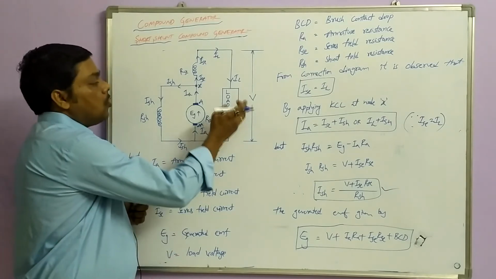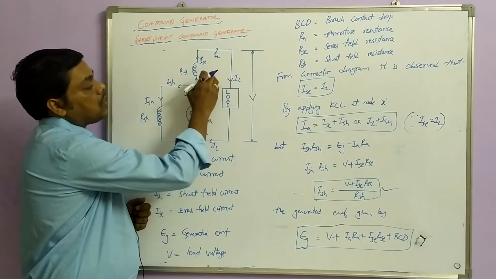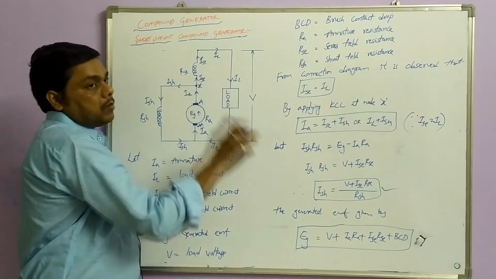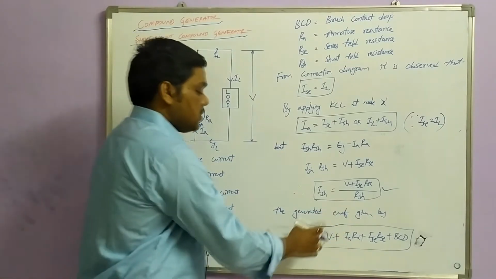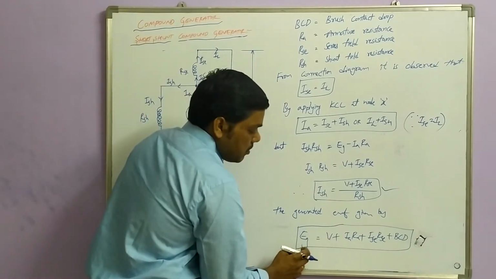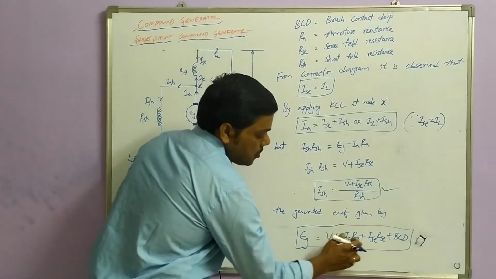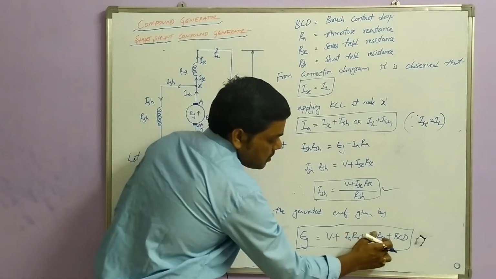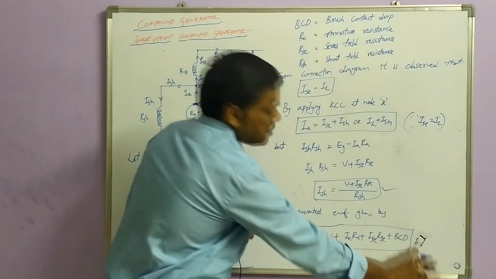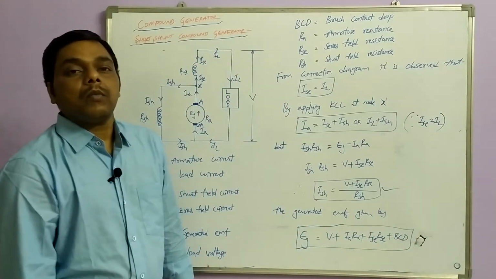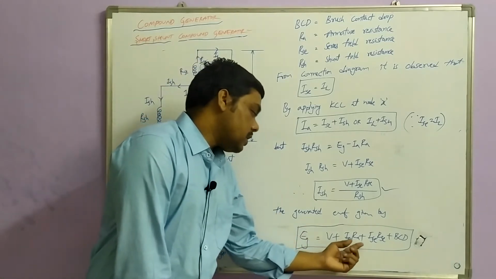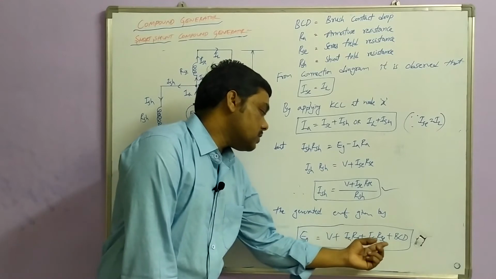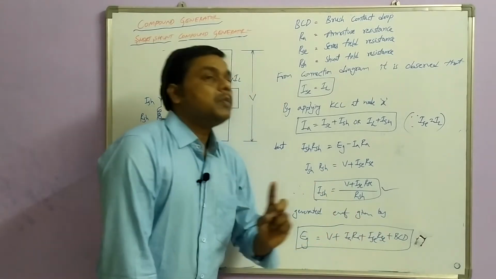So load voltage plus these two drops gives the generated EMF, and we can also add the brush contact drop. So the generated EMF is nothing but V plus the drop in armature plus the drop in series winding plus the brush contact drop. Now Eg is equal to V plus Ia into Ra plus Isc into Rsc plus BCD.